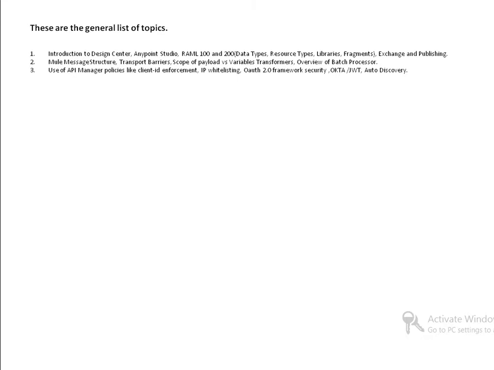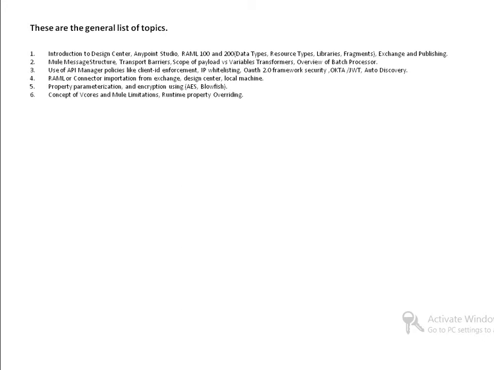Use of API Manager policies like client ID enforcement, IP whitelisting, OAuth 2 framework, Okta, JWT tokens, auto discovery, etc. RAML or connector importation from Exchange, Design Center, local machine. Property parameterization and encryption using AES and Blowfish algorithms. Concepts of vCore and Mule limitations.